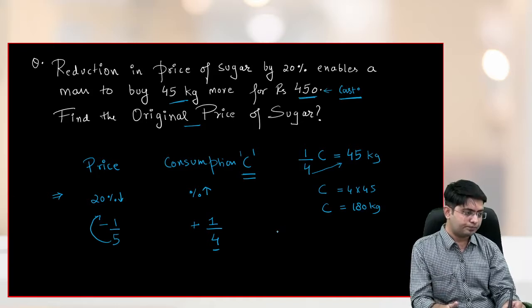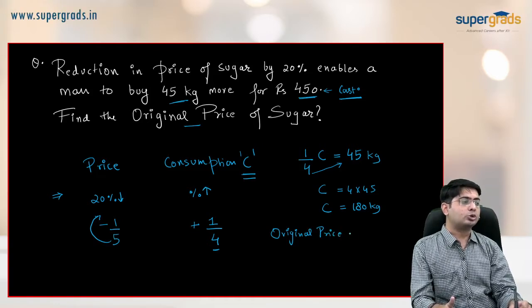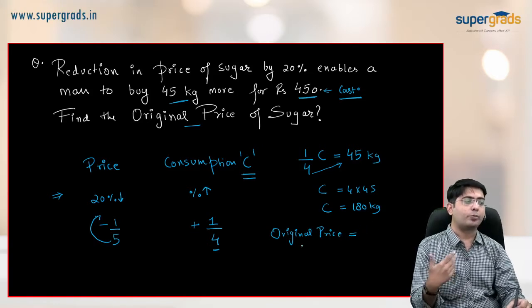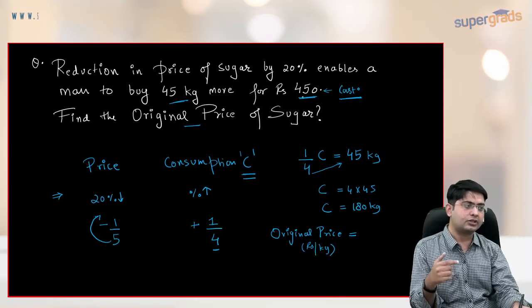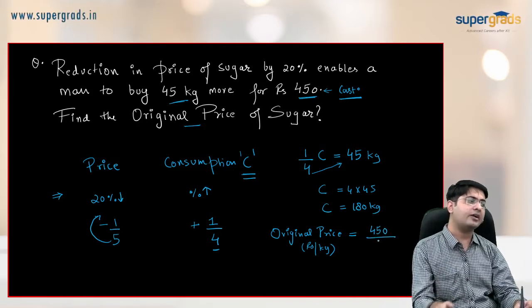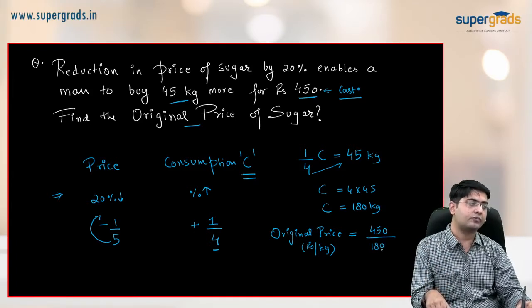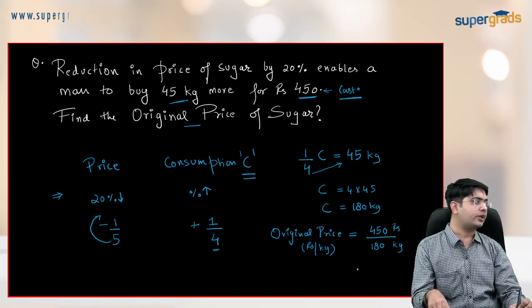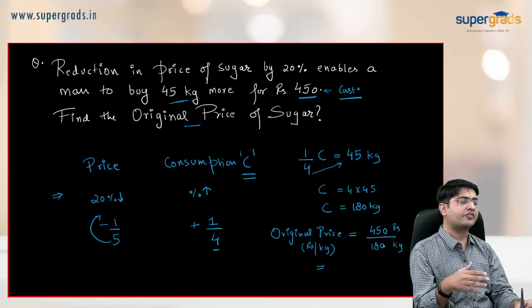Now we have to find the original price, which would be in rupees per kg. The expenditure was 450, which was constant, and from 450 he was able to buy 180 kg. That was the initial consumption. So we can find the original price easily: 450 by 180.